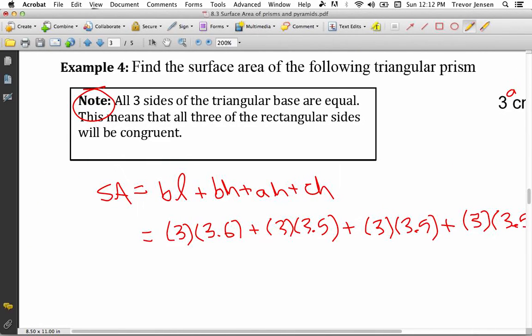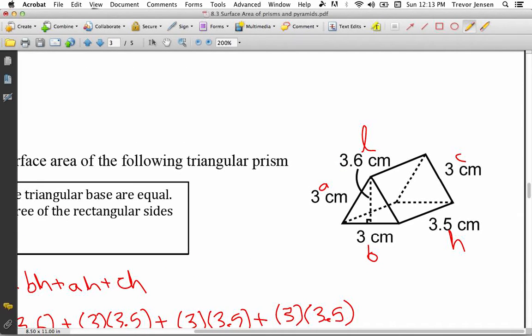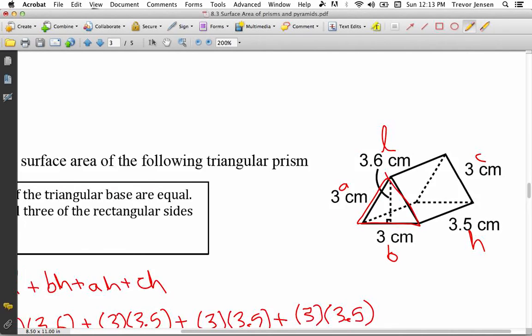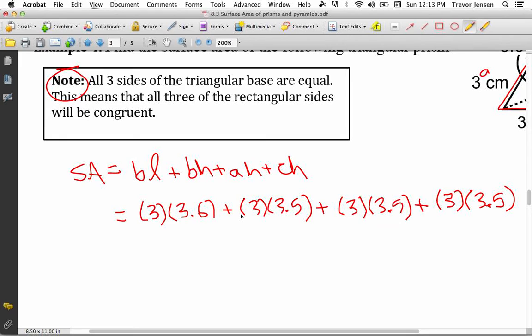Now what I want you to notice here, since all 3 sides of the triangular base are equal, this triangle is 3 by 3 by 3. Since all 3 sides are exactly the same, all 3 rectangle sides are going to be congruent. The area of all 3 of the rectangular sides are the same. Look, 3 times 3.5, 3 times 3.5, 3 times 3.5. Those are the 3 rectangular sides. All 3 of those are exactly the same.